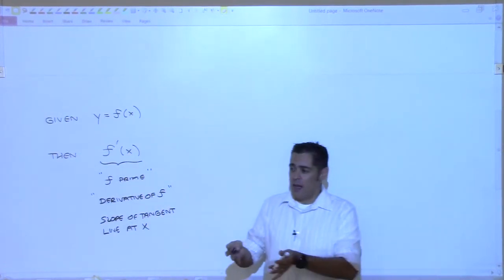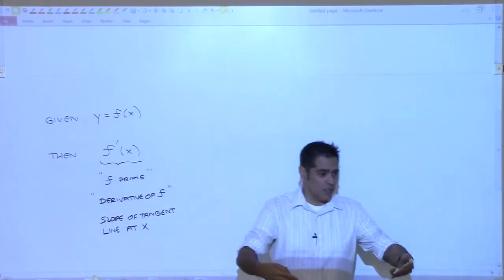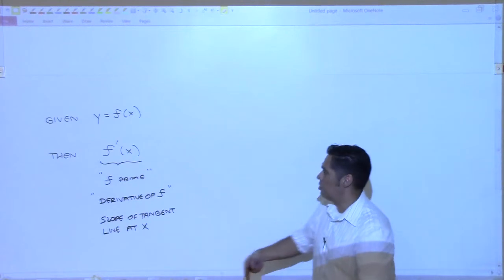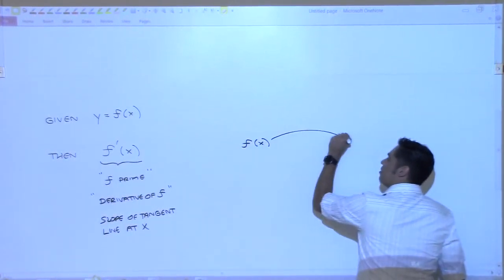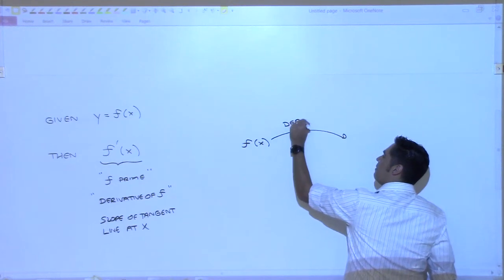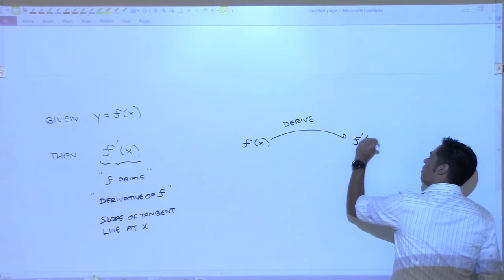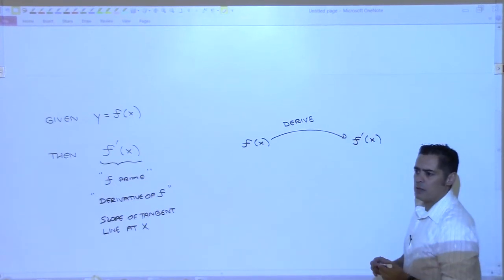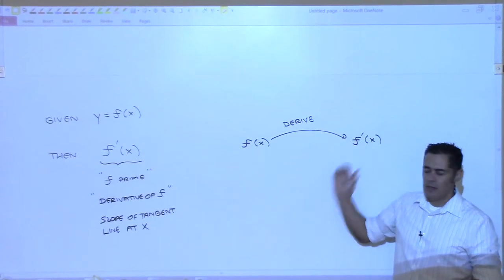And then we discovered that if we start with the function, take its derivative, we get a new function. So we start with a function, f of x, we derive it, take its derivative, and we get this new function, f prime of x. Start with the function, end with the function. These two functions aren't the same functions, right?